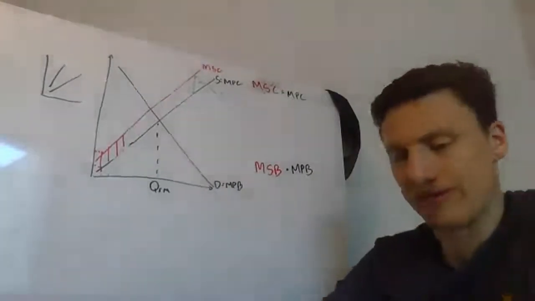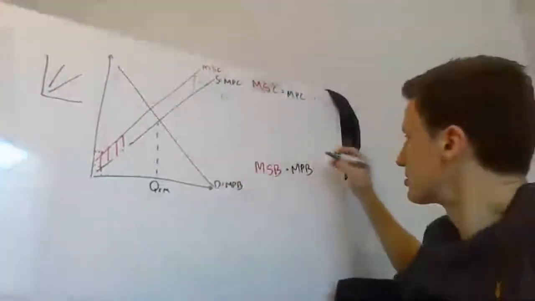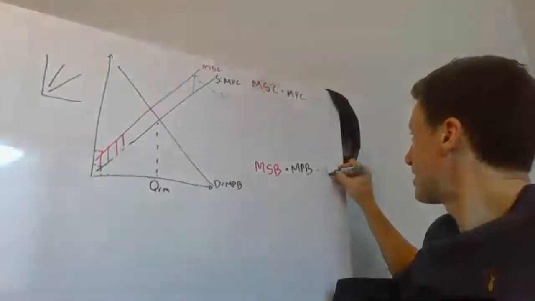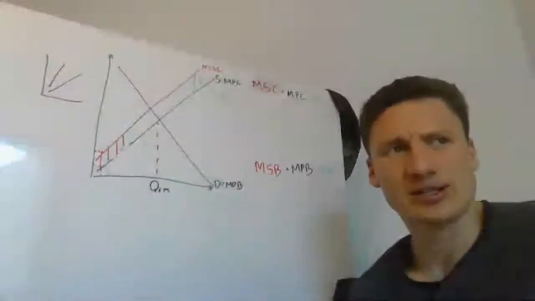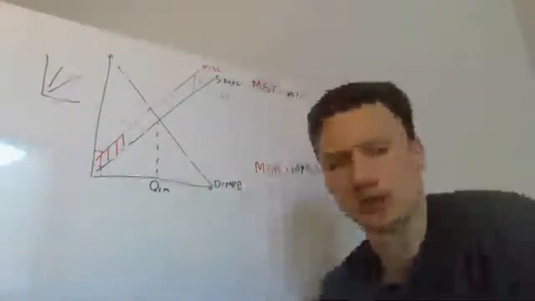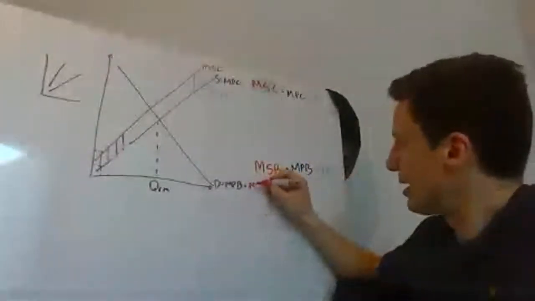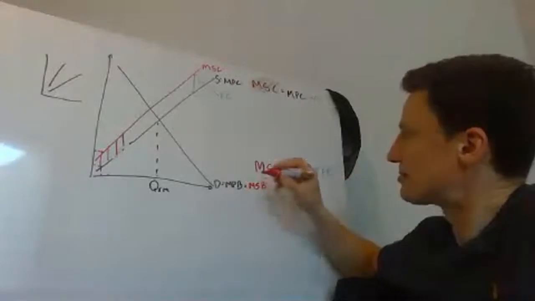It's marginal private benefits to the first party, plus any external benefit to the third party. But since there is no external benefit to the third party of, say, cement production or paint production, then EB is 0 and MPB equals MSB, marginal social benefits.